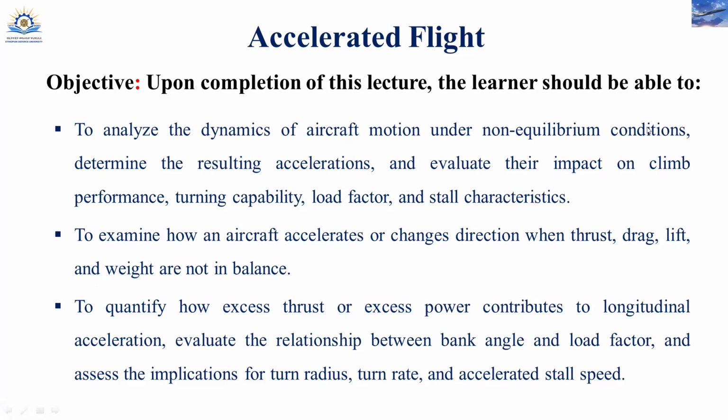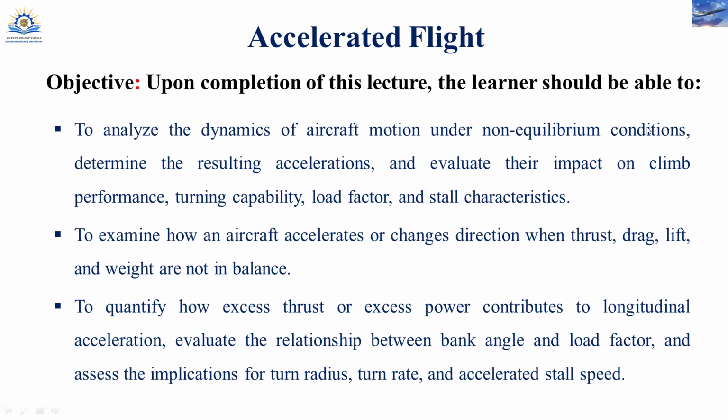What is the accelerated stall speed? We have to calculate the stall speed. We know the speed calculation is the radical of 2W over rho S CL. But in the maximum stall condition, we use CL max. In this case, instead of only 2W, W being the weight, we add N, the load factor also.